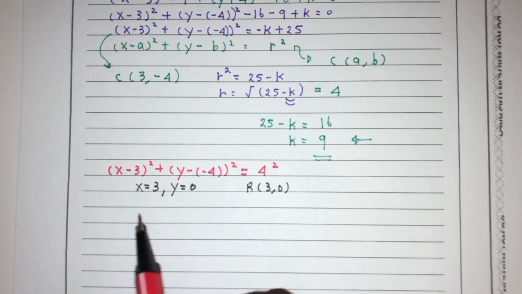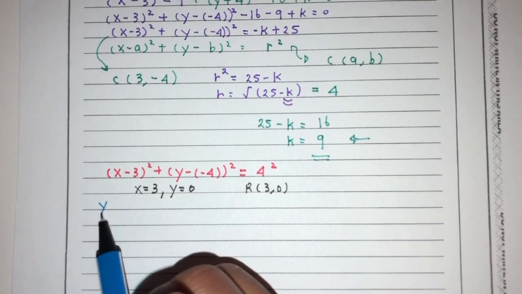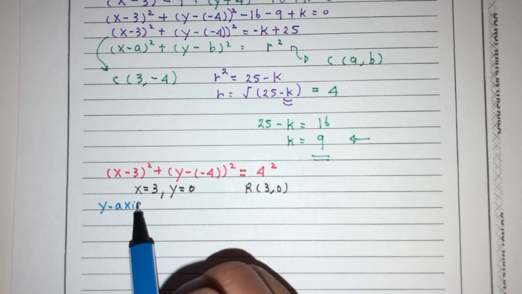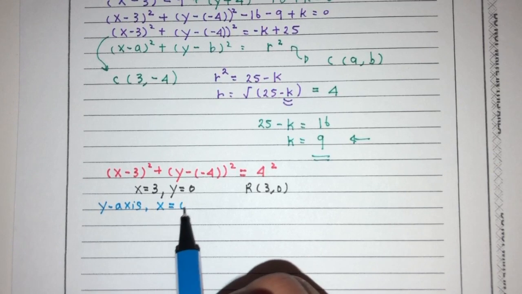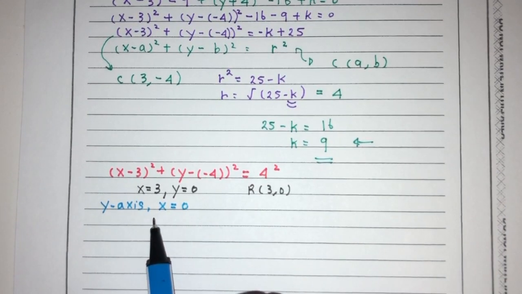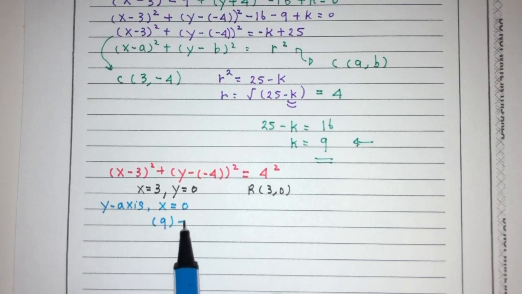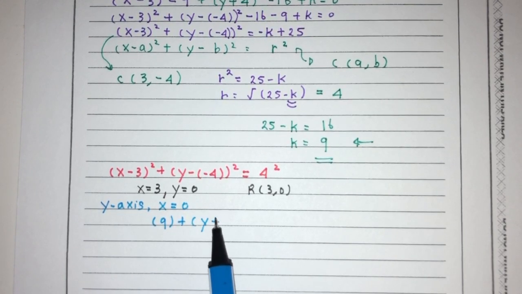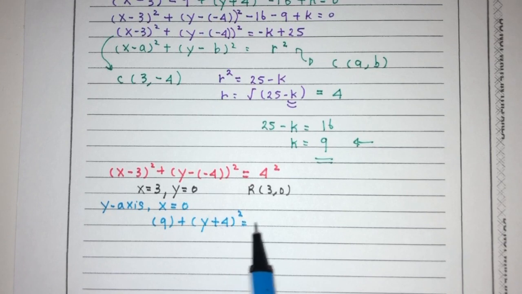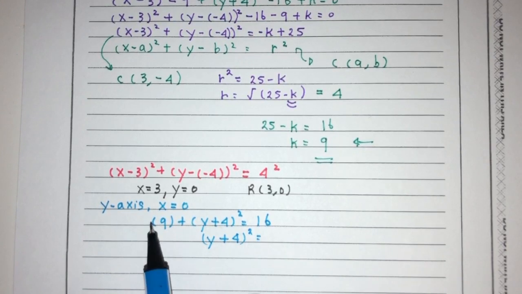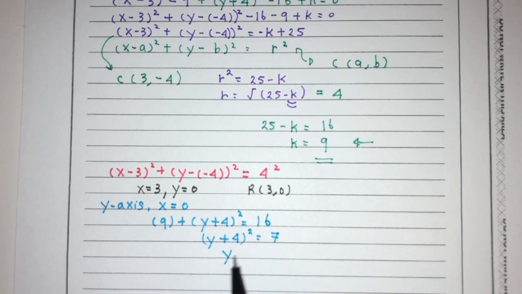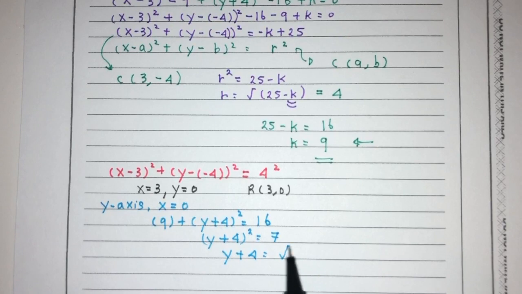Now what are the other points? Let's say on the y-axis. On the y-axis, we know that the value of x has to be 0. Let's replace: 0 minus 3 is minus 3, squared, that will be 9, plus (y plus 4) squared is equal to 16. So (y plus 4) squared is 16 minus 9, which should be 7. So y plus 4 has to be plus or minus root of 7.